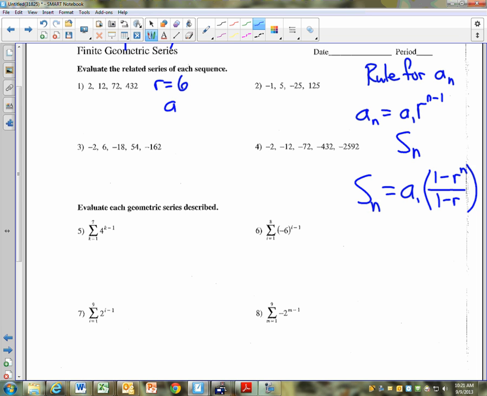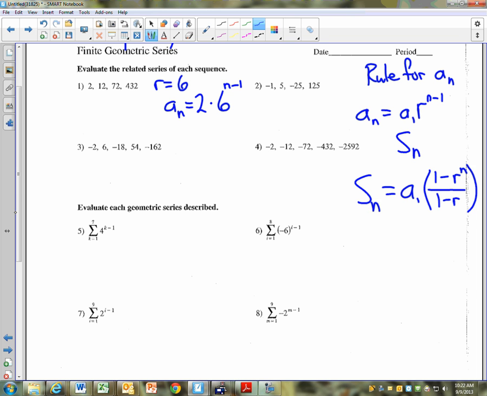All you do is you say a sub n is equal to, what's the first term? 2, and then you multiply that by 6 to the n minus 1. Yes, n is 4 in this situation for the sum, but I'm just saying that's the rule. That will generate any number of the sequence that you would like.